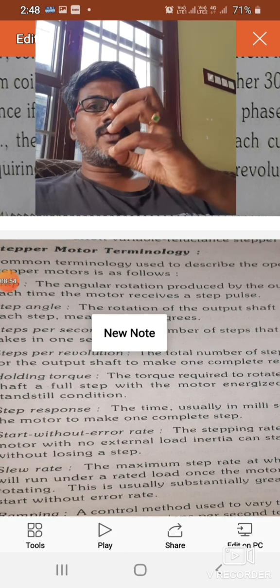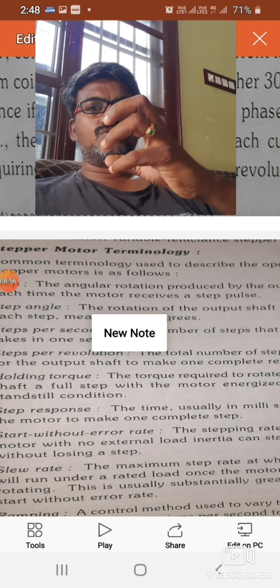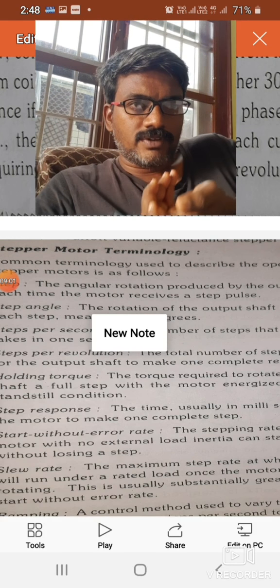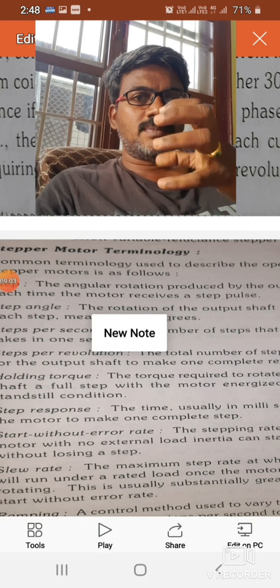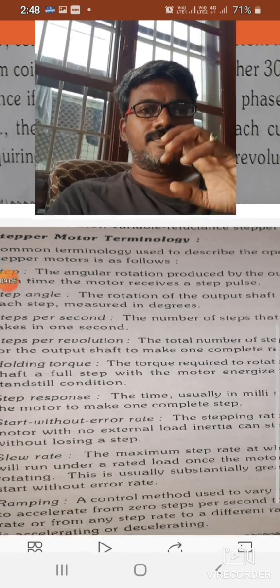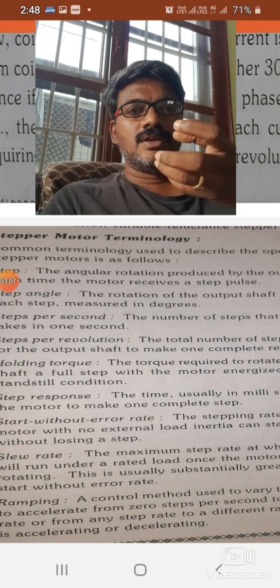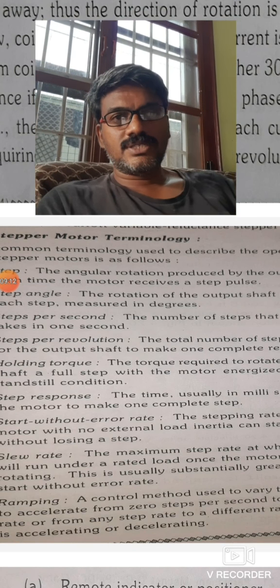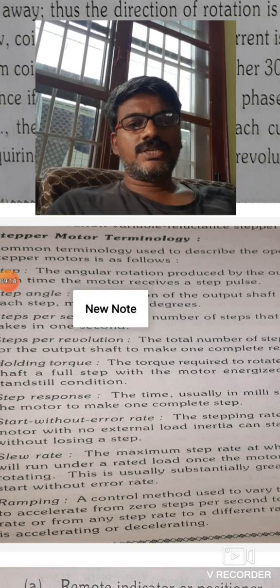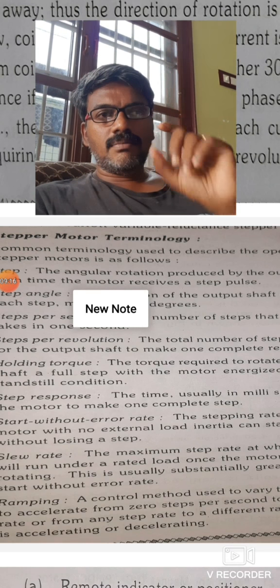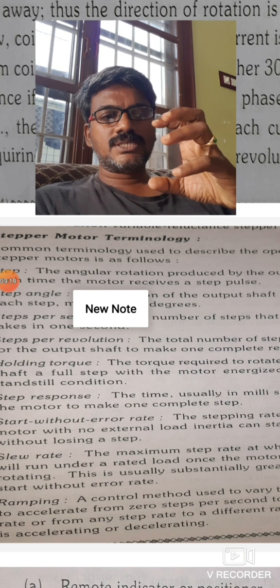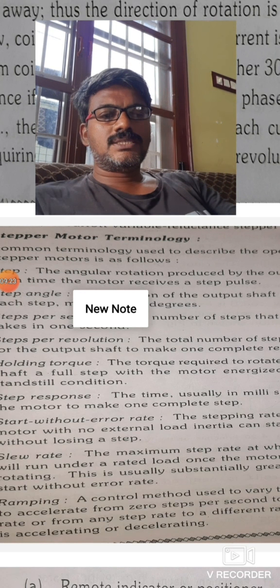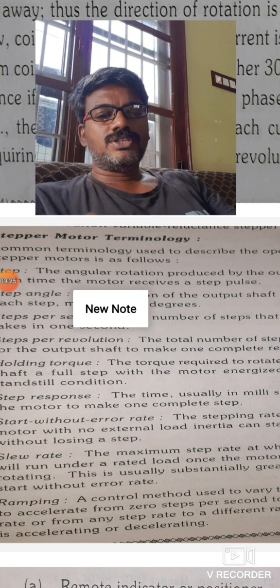Suppose we count 1, 2, 3, 4, 5, 6, 7, 8, 9, 10, 11, 12: there are 12 steps for one complete rotation. That is known as steps per revolution, the number of steps the motor takes in one revolution.